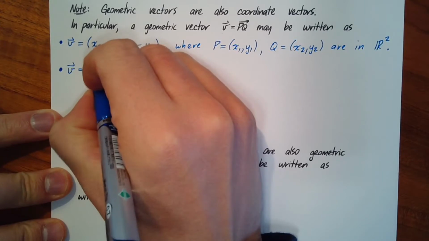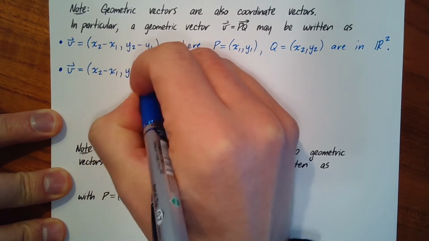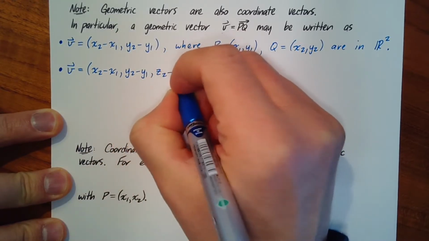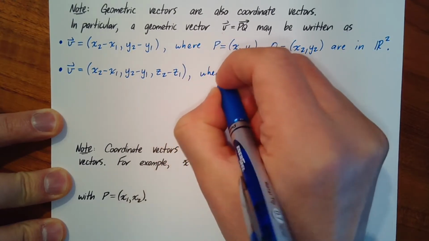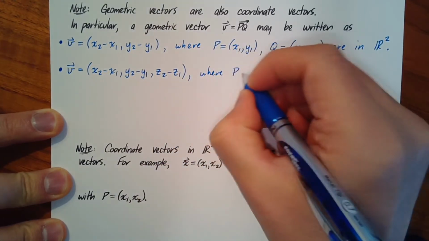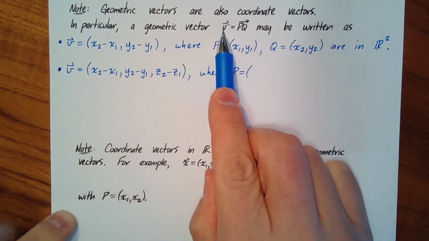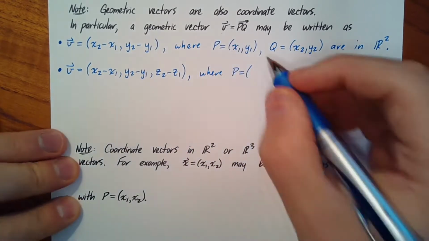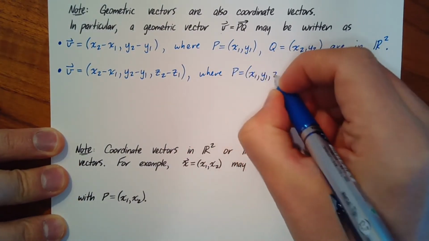You'll have x2 minus x1, y2 minus y1, z2 minus z1, where P, in this case, if the geometric vector v was a vector in R3, that means the point P has three coordinates. So we'll label them x1, y1, and z1.